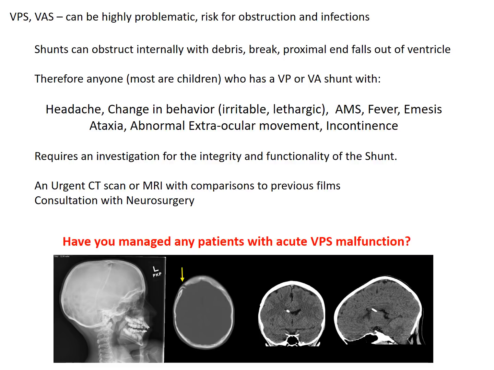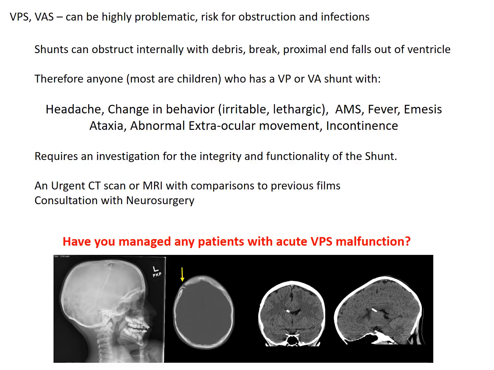So very important: VP shunt in place and the individual starts developing headache and vomiting, change in behavior, visual disturbances, ataxia, and a very unusual symptom, incontinence. And again, they don't have to have them all, but some combination of those symptoms in the individual with a VP shunt in place, they need medical imaging.